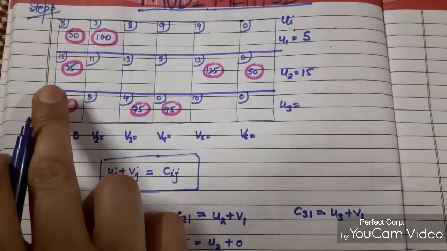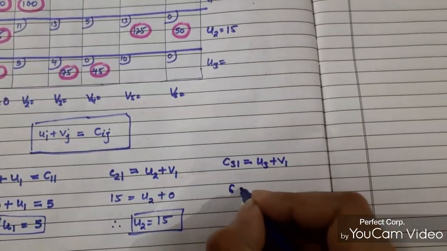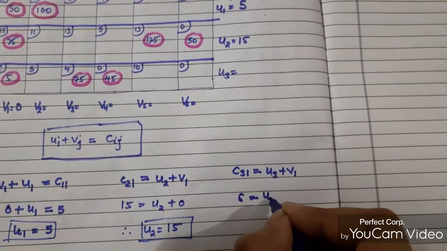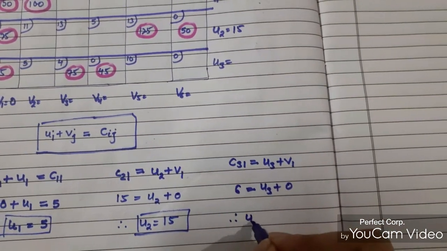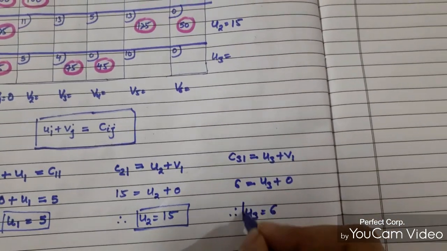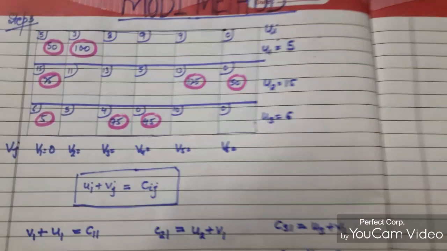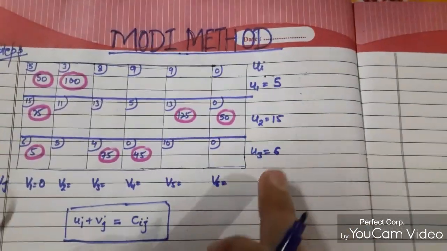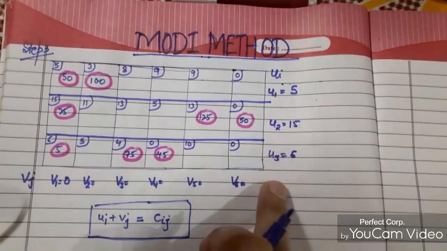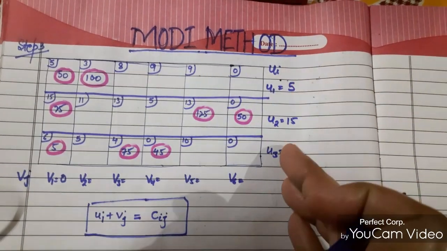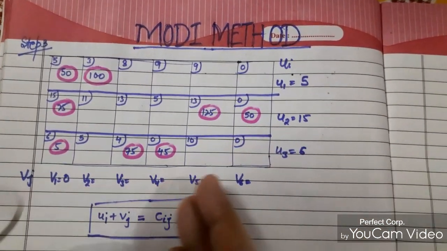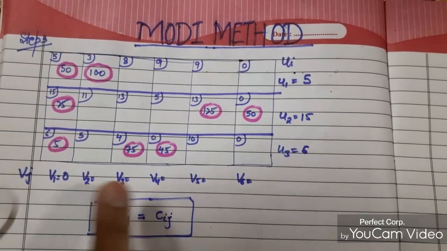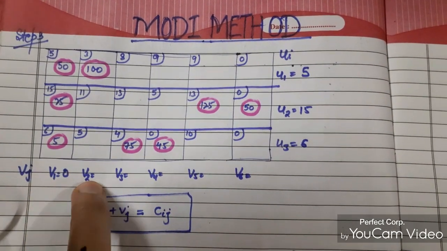The cost of C31 is 6, so 6 equals u3 plus v1. We don't know u3, but v1 is 0, so u3 is equal to 6. We got the value of u3 also. We will write it here. We get all the values of ui, right? u1, u2 and u3. Now with the help of these and this value v1, we will calculate the other values v2, v3, v4 and v5.